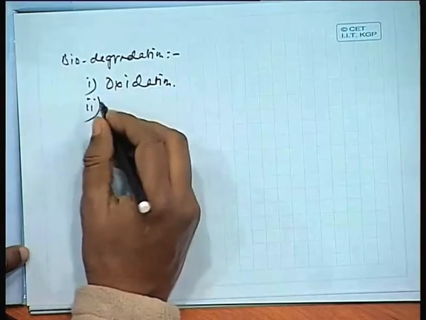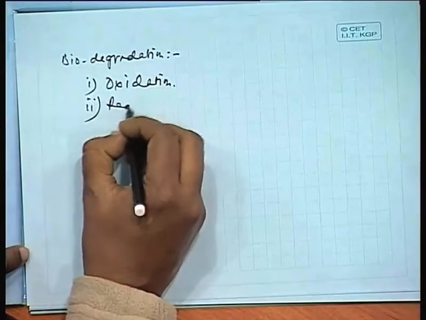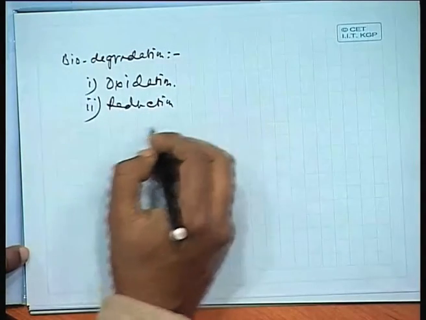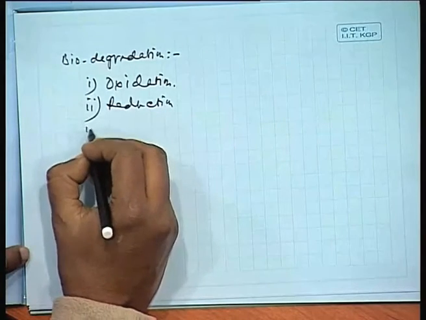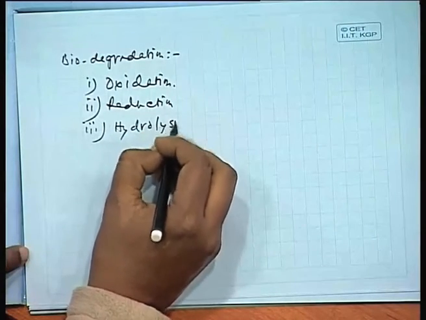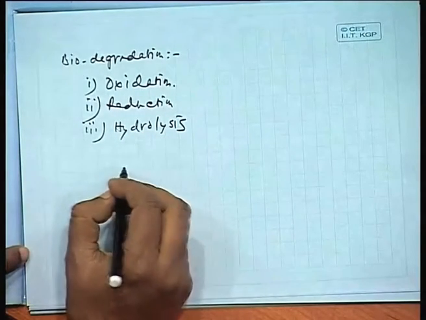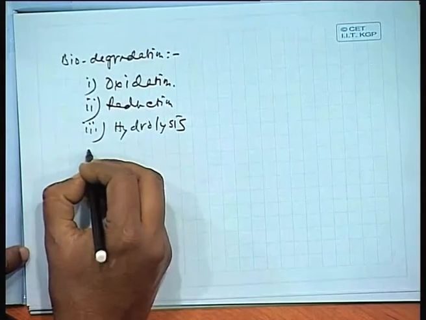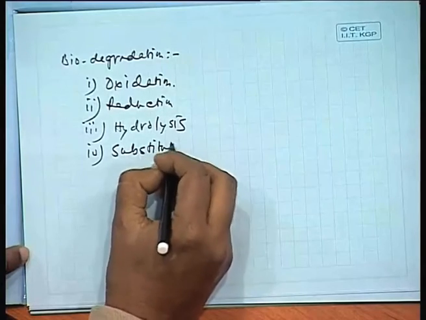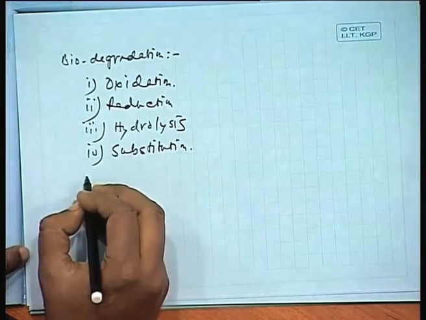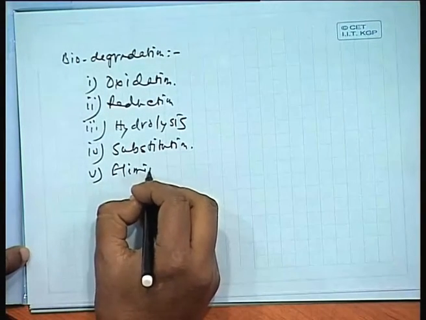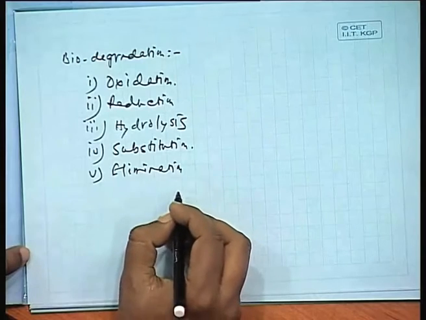One process that leads biodegradation is oxidation, reduction, hydrolysis, substitution, elimination.